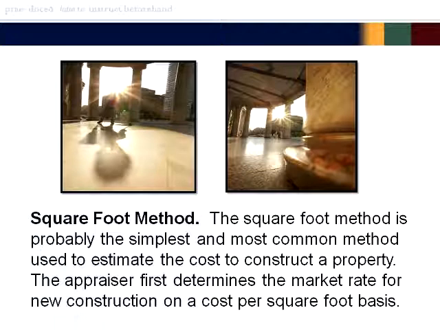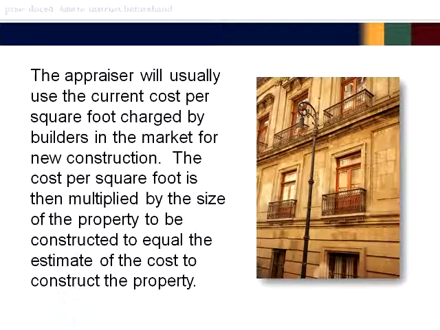The appraiser first determines the market rate for new construction on a cost per square foot basis. The appraiser will usually use the current cost by square foot charged by builders in the market for new construction. The cost per square foot is then multiplied by the size of the property to be constructed to equal the estimate of the cost to construct the property.